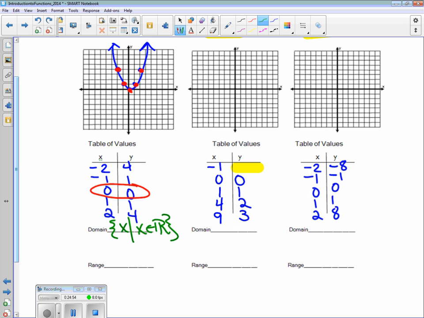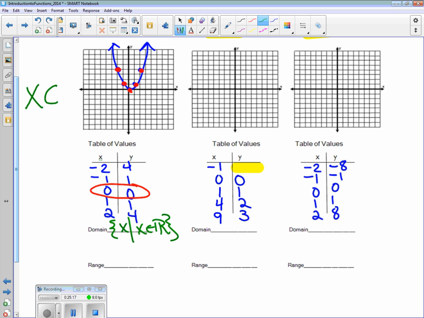So if you have anything in your domain and range, you need to erase it because what you wrote down is most likely not accurate. Because on the SOL, they're going to use mathematical notation that you need to be able to recognize. So it is my job to teach that to you. Let me write it a little bit bigger over here so you can see.